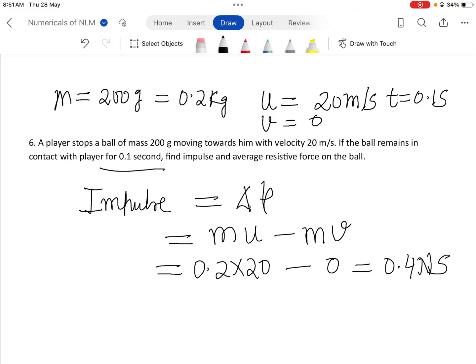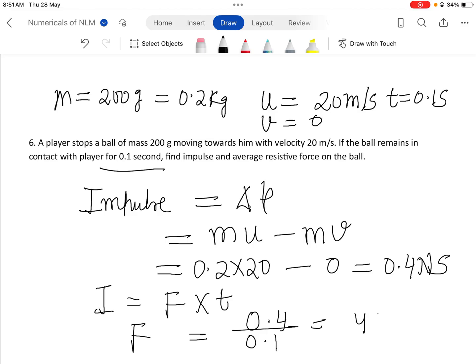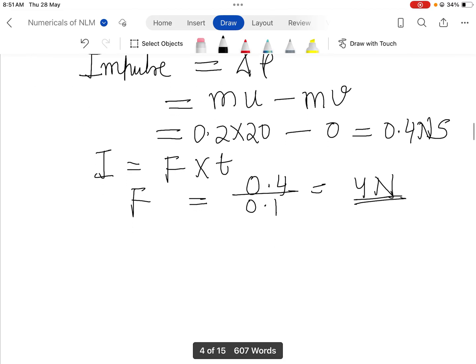Now you have to find the average resistive force. So we know that impulse equals to F into T. So what is F? Impulse upon time, 0.4 upon 0.1, that is equals to 4 Newton. This will be the average resistive force acting on the ball.